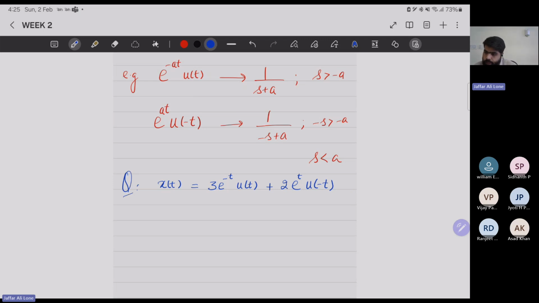If these two signals are in addition, we first take the Laplace transform of both these functions, then the ROC will be the intersection of the individual ROCs. For example, if this is ROC1 and this is ROC2, the ROC of the signal is R1 intersection R2.